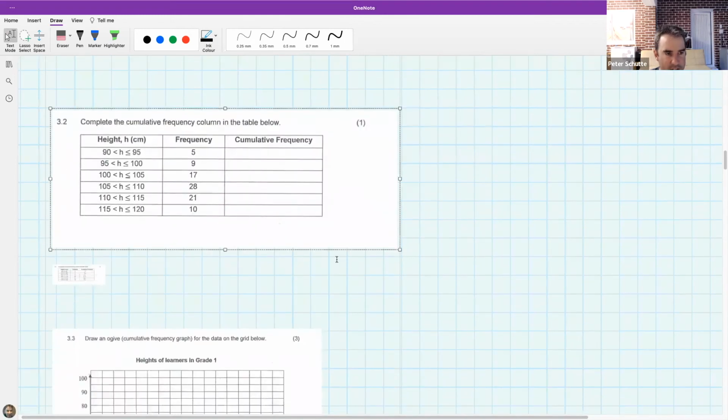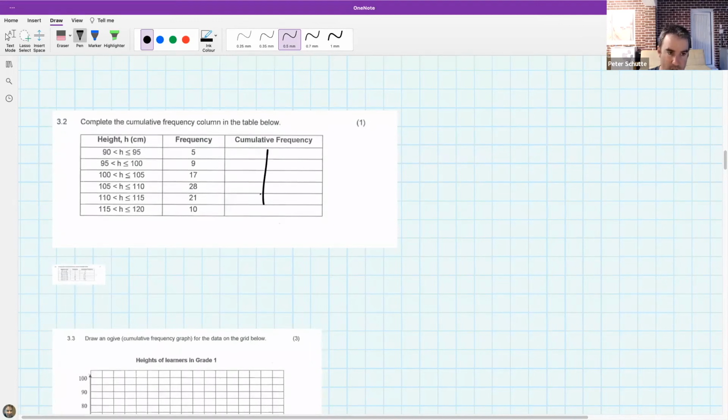So if I look at this story, it's heights of students in a class. If I want to draw an ogive, I don't have the cumulative frequency, which you're going to figure out, but you also are going to need to add another column for the point. I want you to try and figure out the cumulative frequency column and the point column.